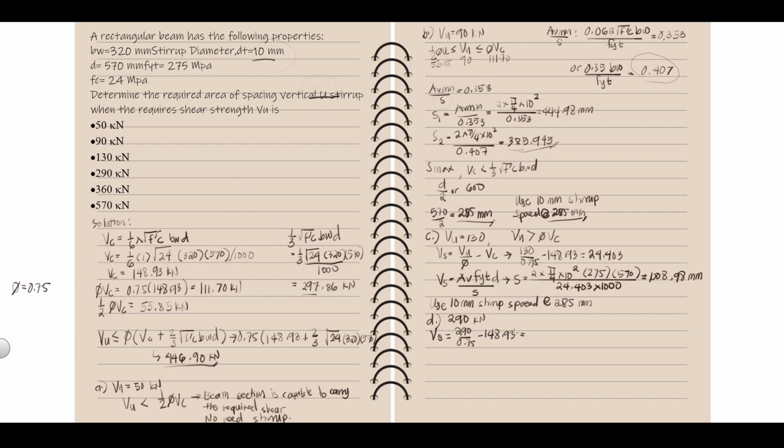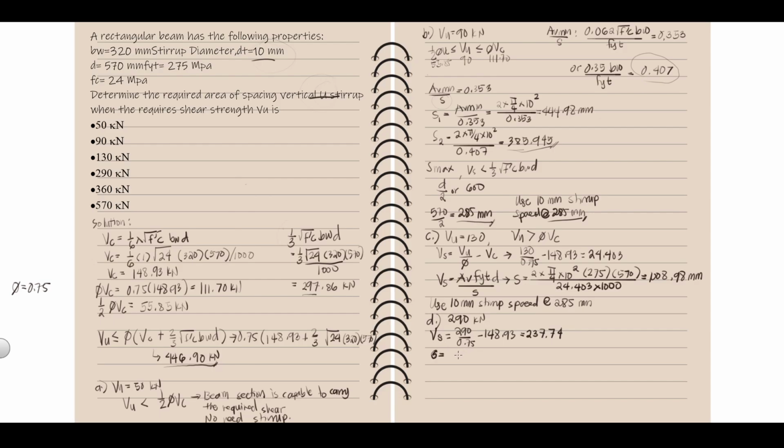So, what is our VS here? So, 237.74. Okay, so from that, we're going to solve for the S.